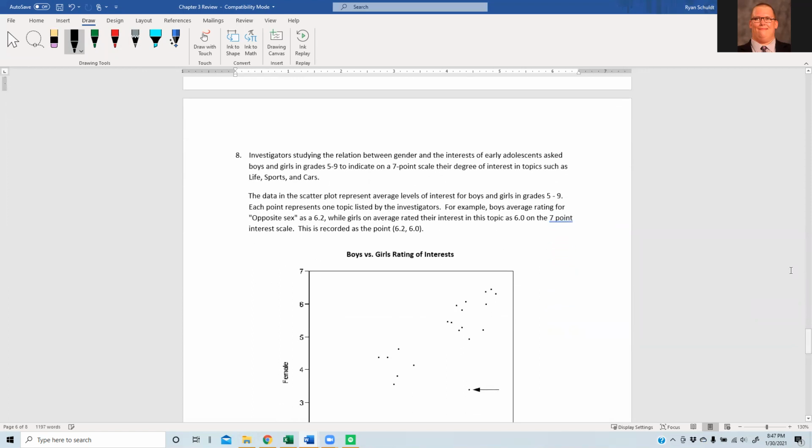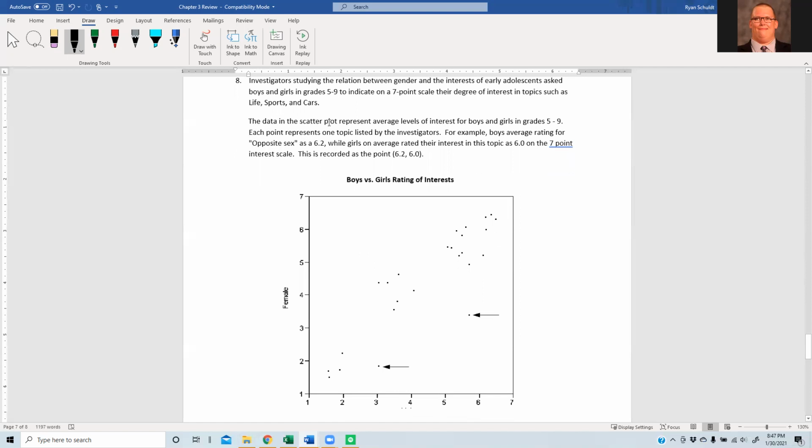Okay, number 8. Investigators studying the relation between gender and the interest of early adolescents asked boys and girls in grades 5 through 9 to indicate on a 7-point scale their degree of interest in topics such as life, sports, and cars. The data in the scatter plot represents average levels of interest for boys and girls in grades 5 through 9. Each point represents one topic listed by the investigators.